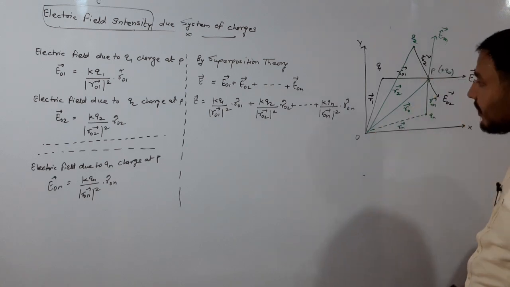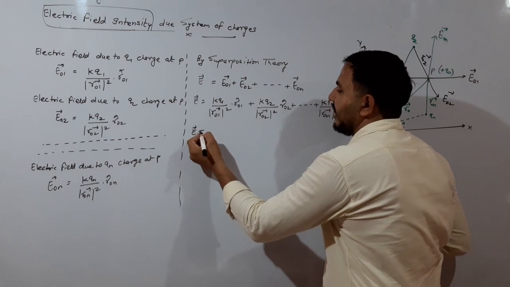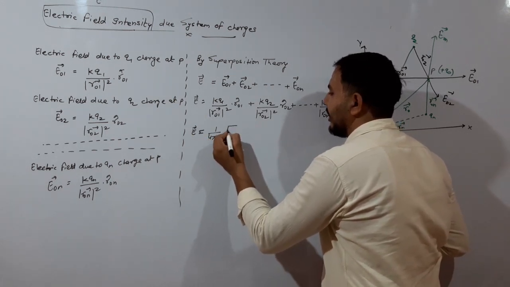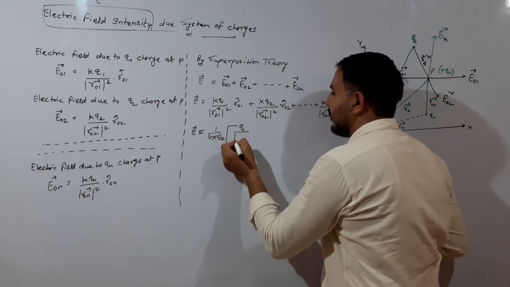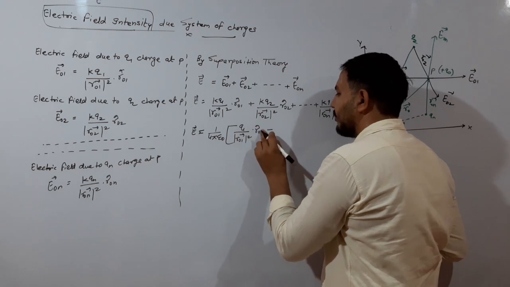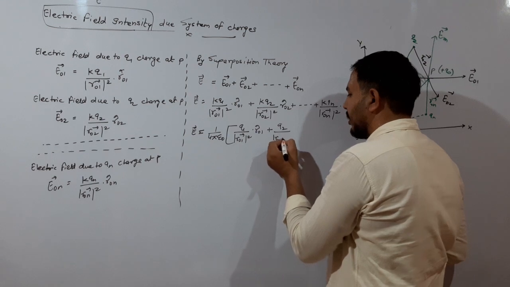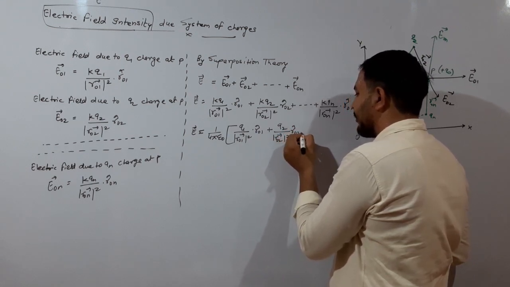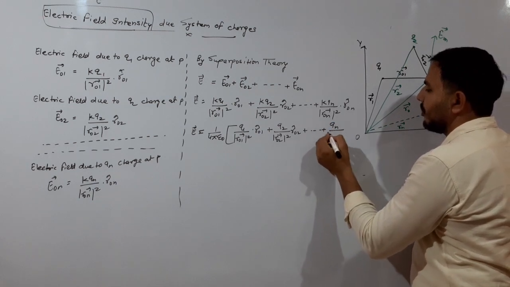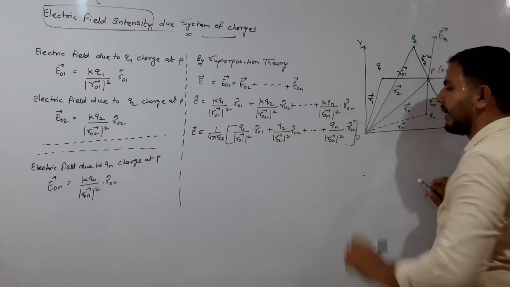Clear? Hence, we can take K common, and the value of K is 1 upon 4 pi epsilon naught: Q1 r naught 1 vector upon r naught 1 square cap, plus Q2 r naught 2 vector upon r naught 2 square cap, plus up to plus Qn r naught n vector upon r naught n square cap.